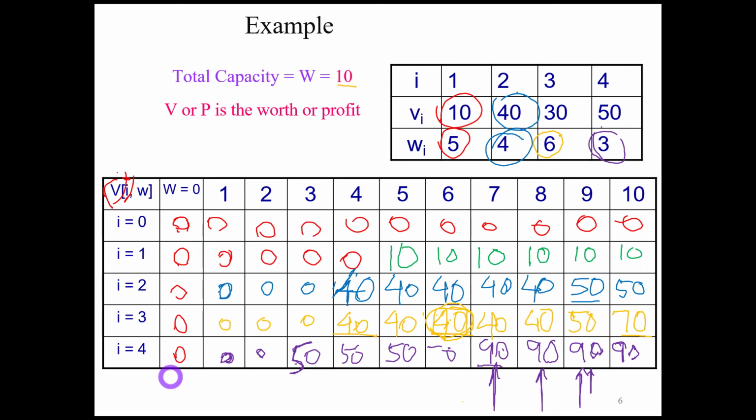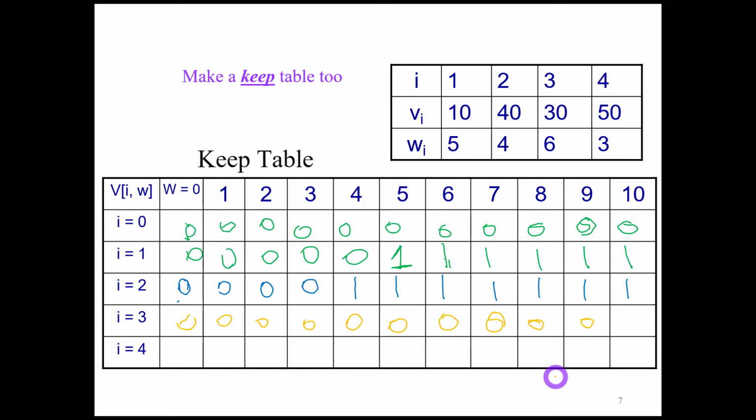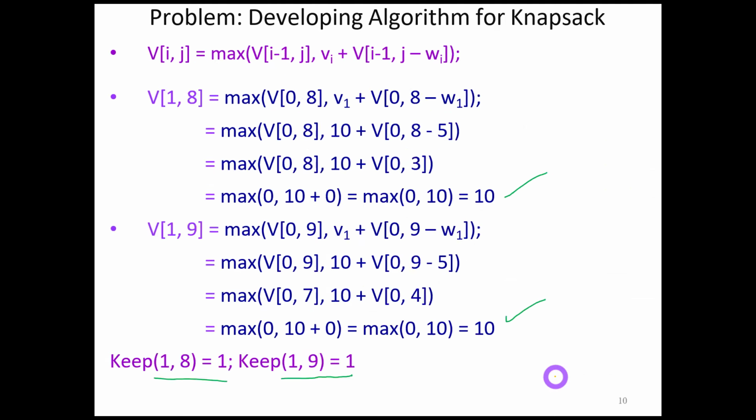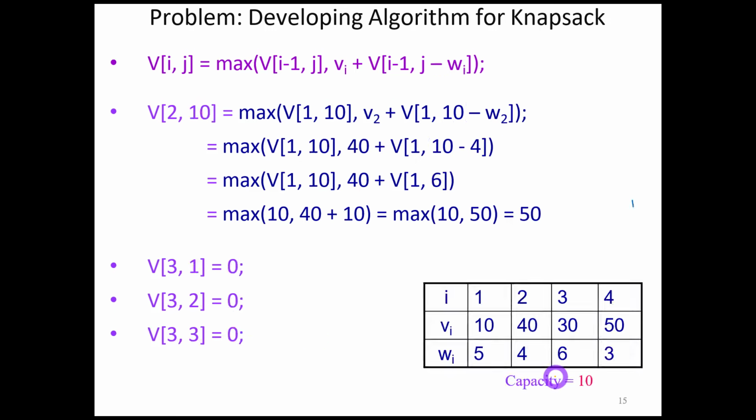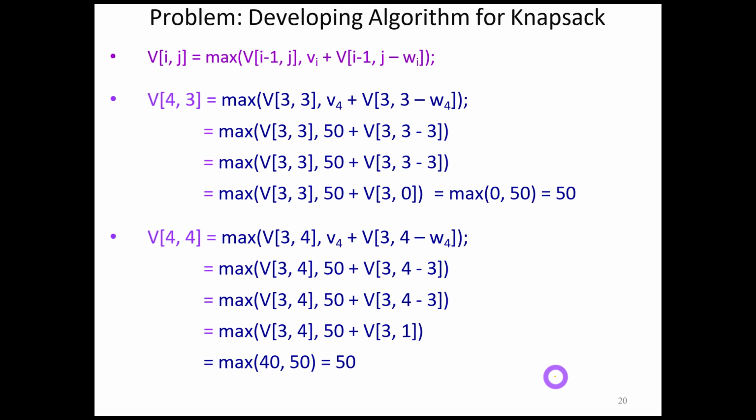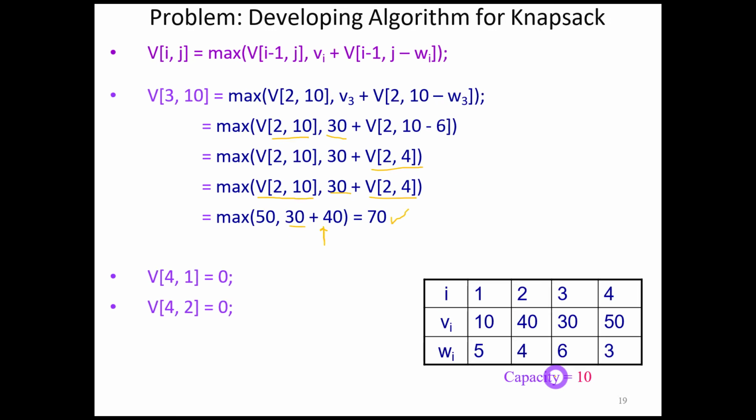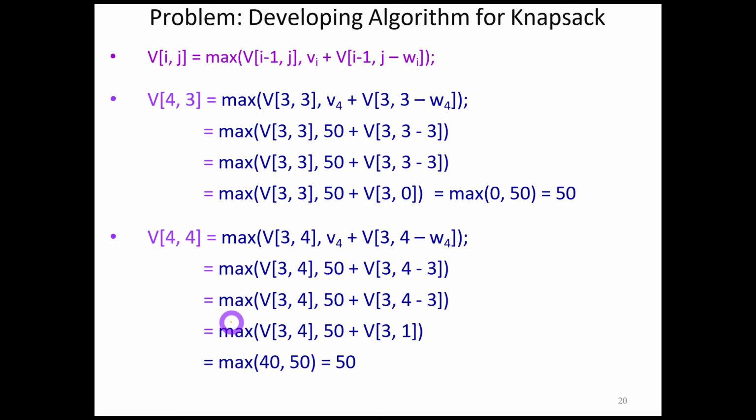Okay, let's find this whole row with the formula. Okay, so these are the base cases. They are 0. I have explained them before.